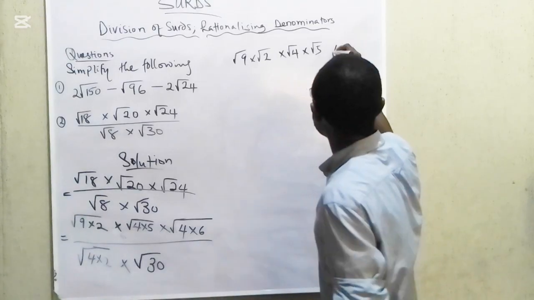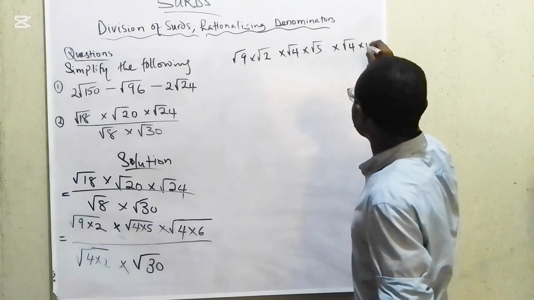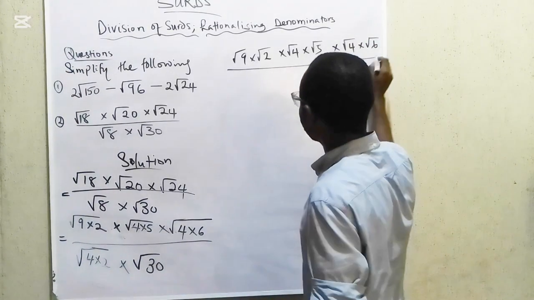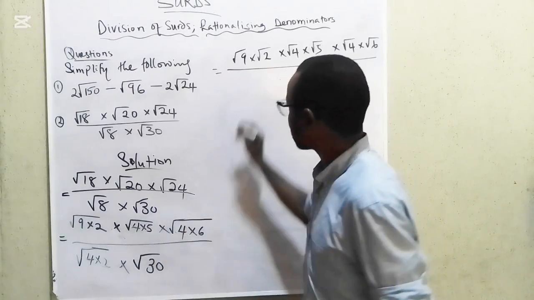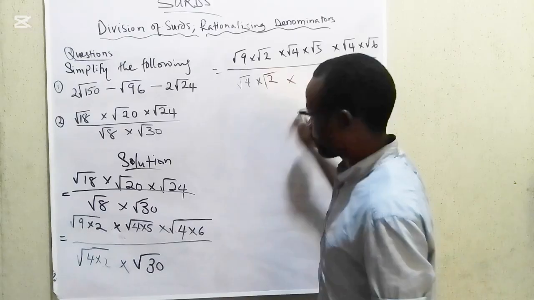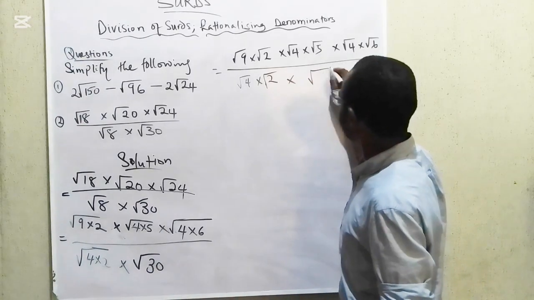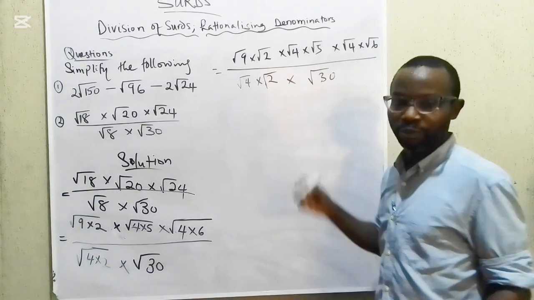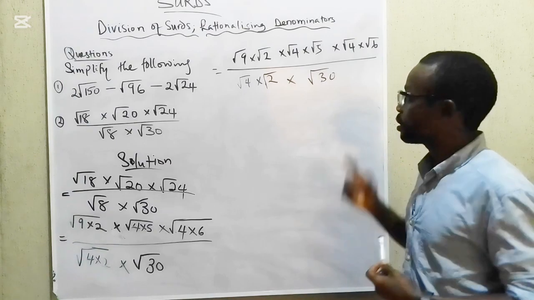And then this is the same thing as the square root of 4 times the square root of 6. Bring it over here. This is the same thing as the square root of 4 times the square root of 2 times the square root of 30. We've not seen any way we can bring this 30 down. So let's do it this way.